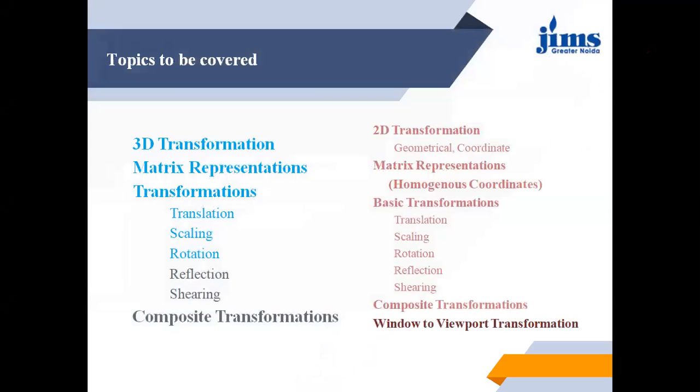In this, we discussed 2D transformations and saw the difference between geometrical and coordinate transformations. After this, we discussed the matrix representation, that is how we can represent a 2D object in the form of a matrix. In matrix representation, we discussed how we can represent that matrix in a homogeneous coordinate system.